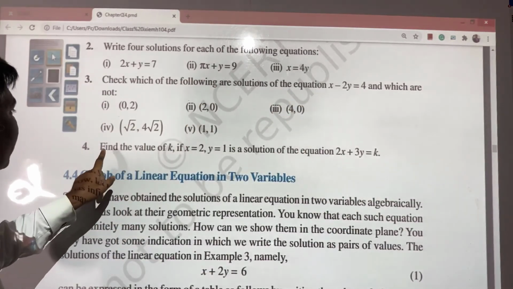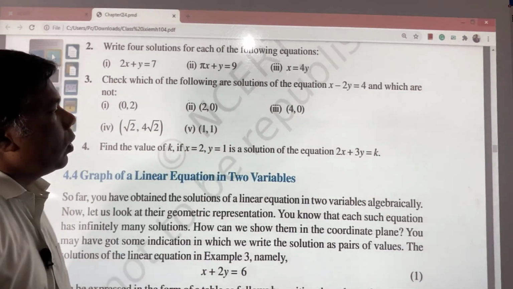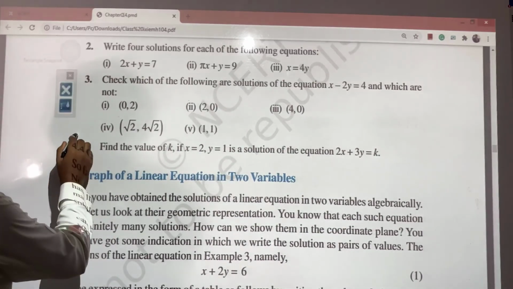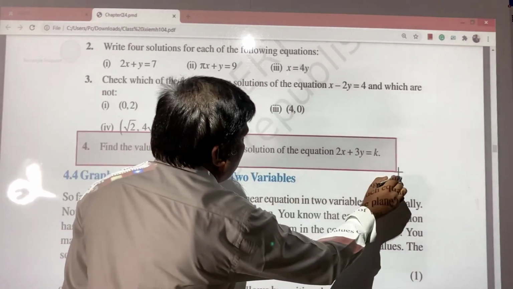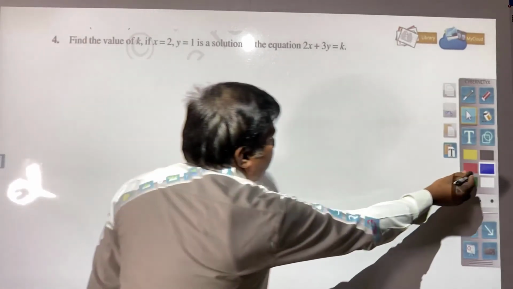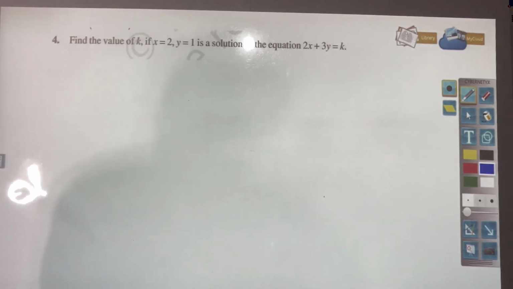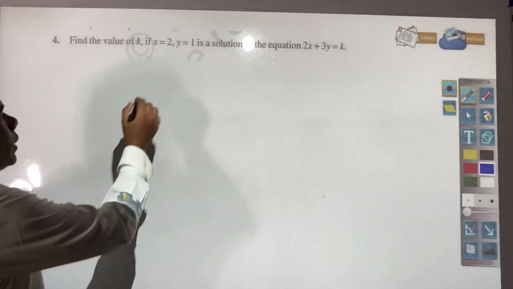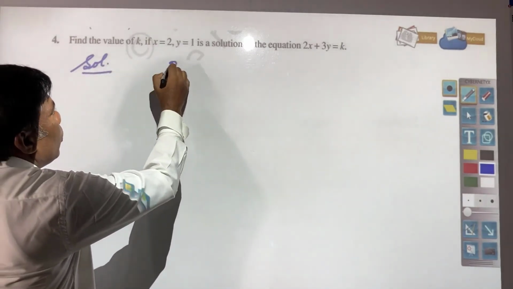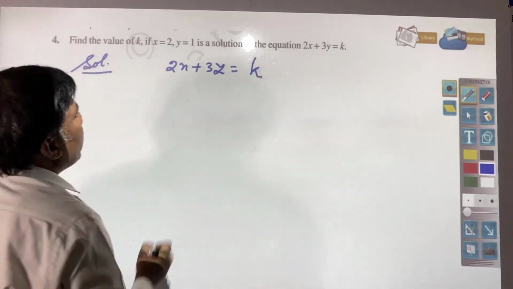Question number 4 you see, find the value of k if x is equal to 2, y is equal to 1 is a solution of the equation 2x plus 3y is equal to k. Here you see x is equal to 2 and y is equal to 1, and your equation is 2x plus 3y is equal to k.